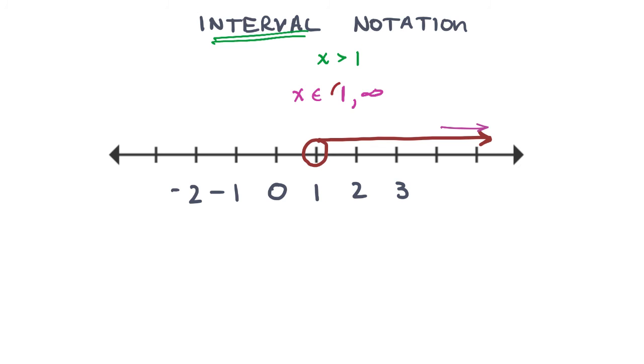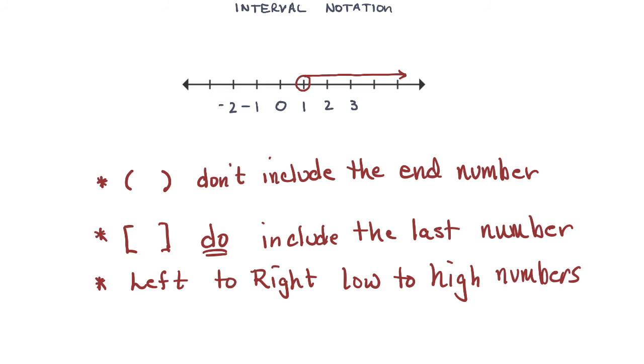To do that, we put an open paren right here. And on the other end, infinity doesn't have an end to worry about, so we'll put a paren like this. And that just says x is a member of this range of numbers, everybody from 1 to infinity, not including the 1.